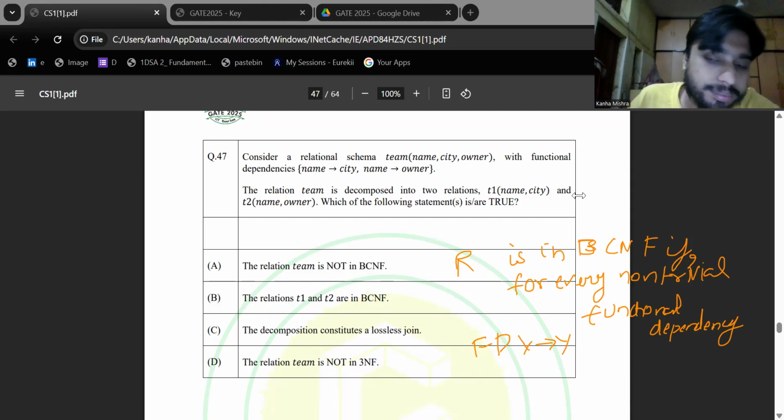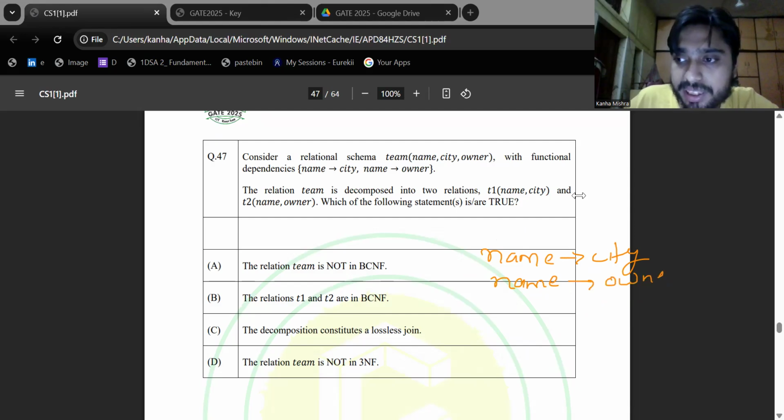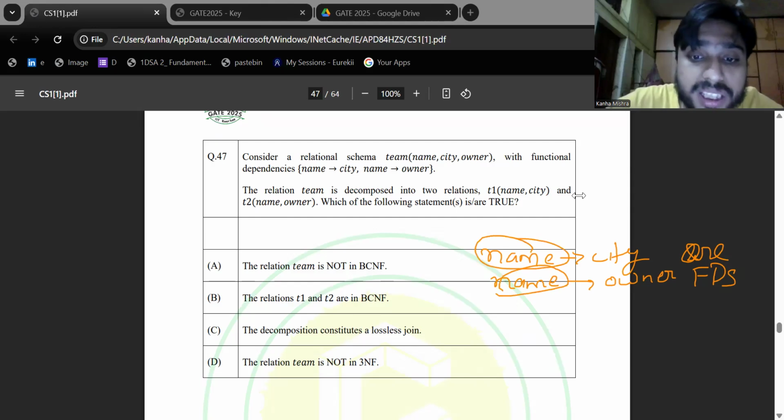Let's test. If I start testing this relation R for BCNF, name implying city and name implying owner are the functional dependencies. Name is a candidate key, which means it is a super key.